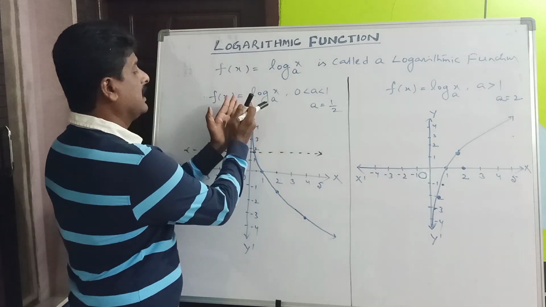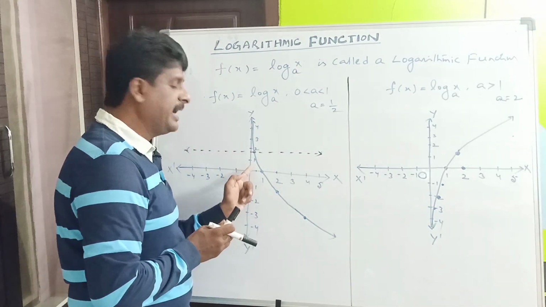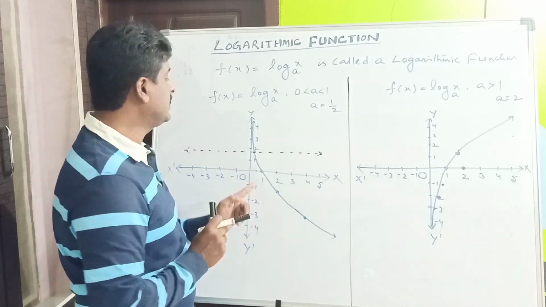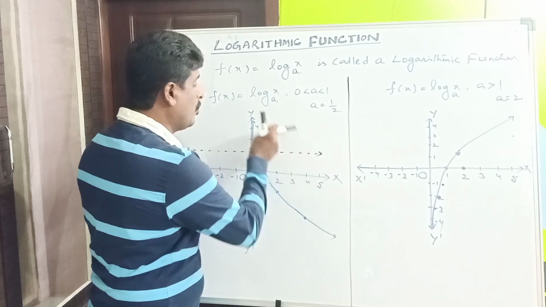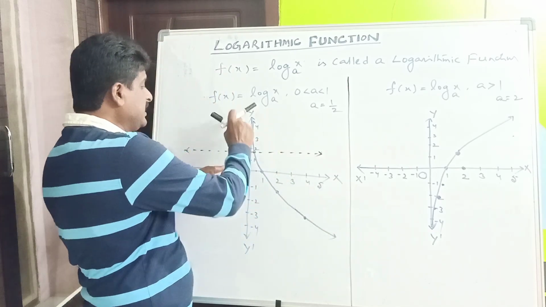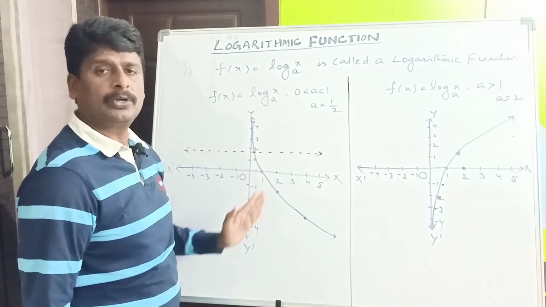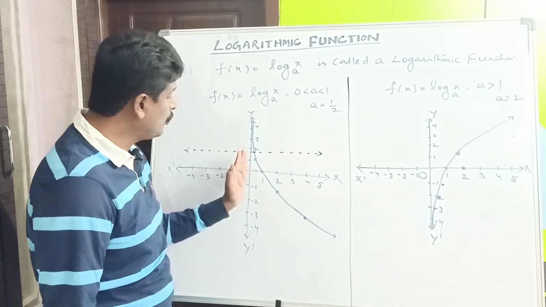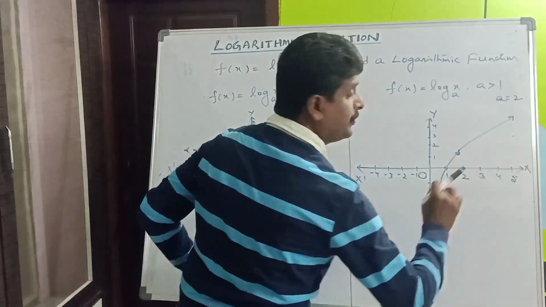Why? Because the graph never coincides with the y-axis. To the right side of 0, whichever value you consider, the graph is always defined. To the left side of 0, there is no graph. Means f of x is equal to log x base a is defined for only positive real numbers.